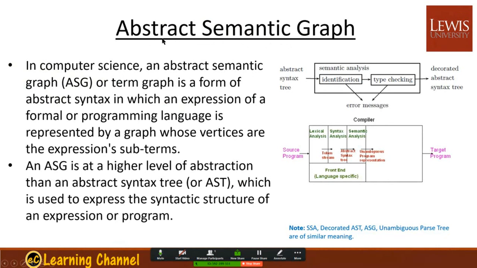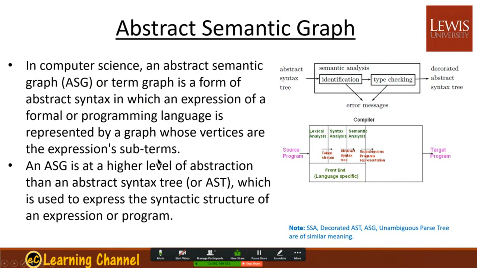So before that, we will introduce this idea of abstract semantic graph. In computer science, the abstract semantic graph or term graph is a form of abstract syntax in which an expression of a formal or programming language is represented by a graph whose vertices are the expression's subterms.